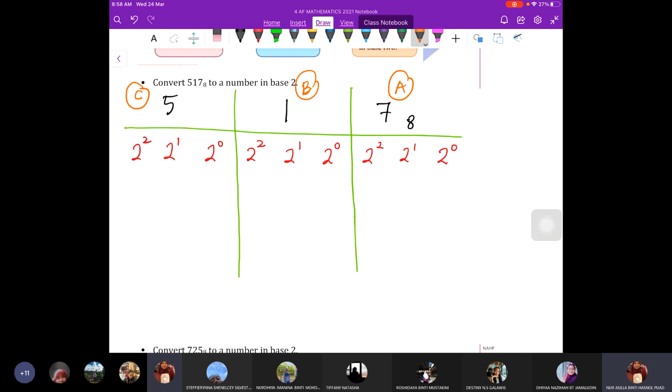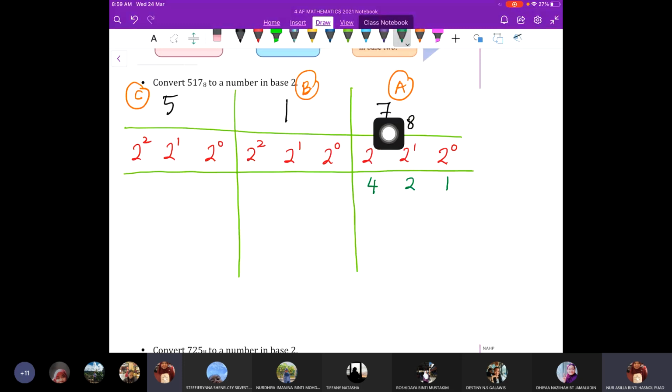Alright. So bila macam tu sekarang, ini kamu kena berfikir sikit. Saya ada 7. Okay. Kena ingat saya ada 7 kat atas ni. 2 kuasa kosong akan bagi saya 1. 2 kuasa 1 akan bagi 2. 2 kuasa 2 akan dapat 4. So this is 4, 2, 1.